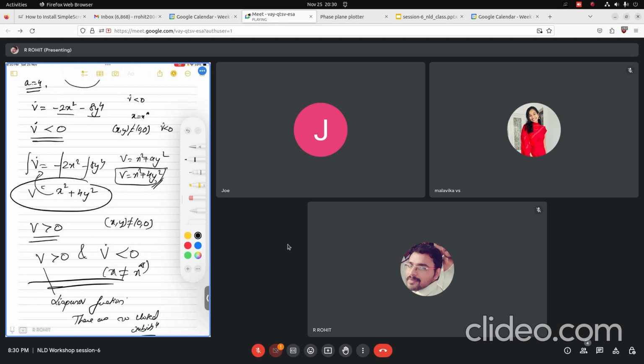So I will just stop here. There are two more methods to say there are no closed orbits, and we will have a famous theorem called Poincare-Bendixson theorem. So these three are important. I will just cover this in the next session first, and then we will go to the tutorial one.